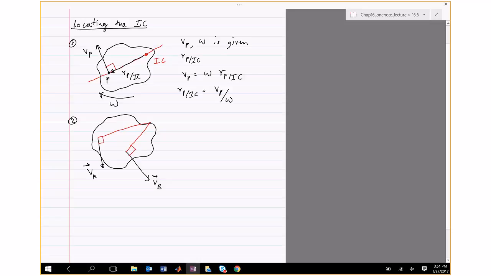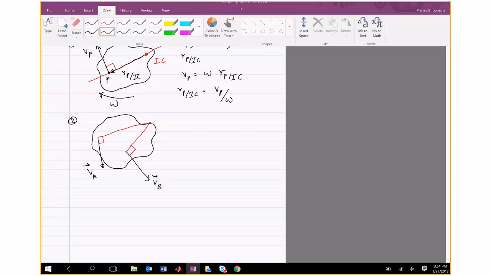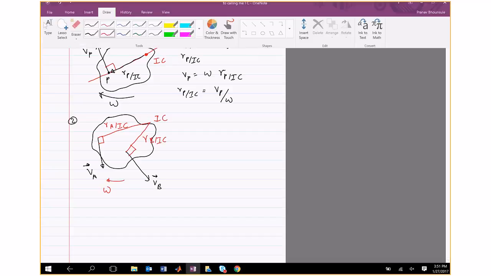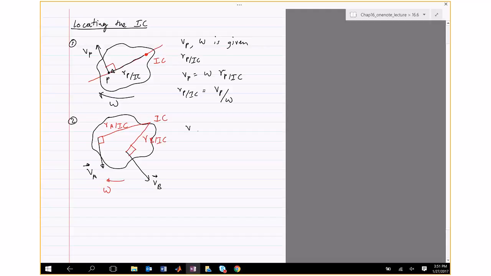And wherever they intersect is where the IC is going to be located. So this is going to be RA with respect to IC. This is going to be RB with respect to IC. And if the angular speed of this body is omega, which is an unknown, then we can see that VA is omega times RA with respect to IC.